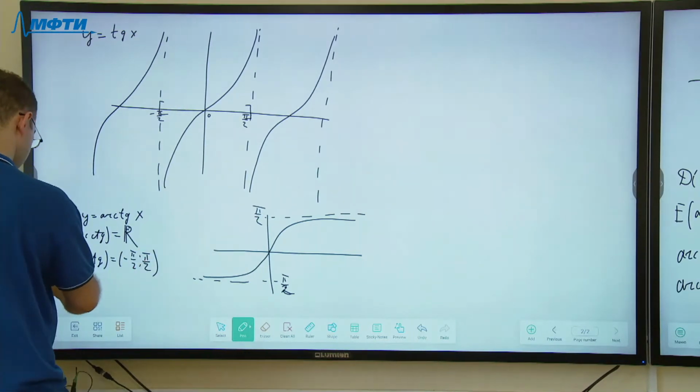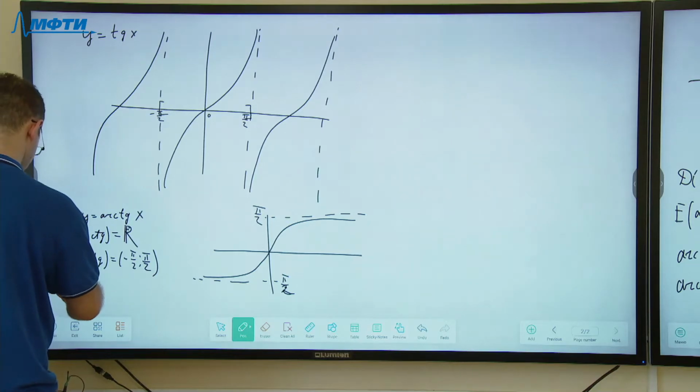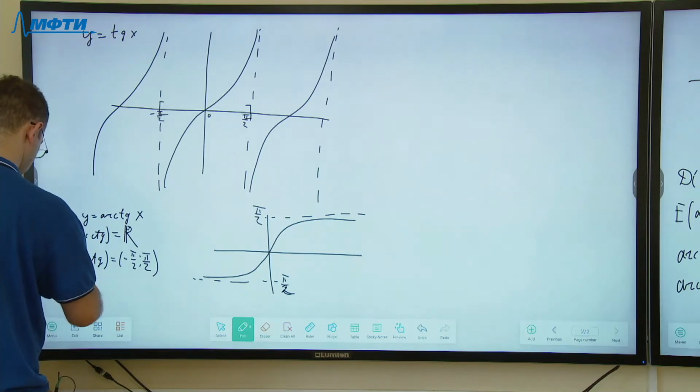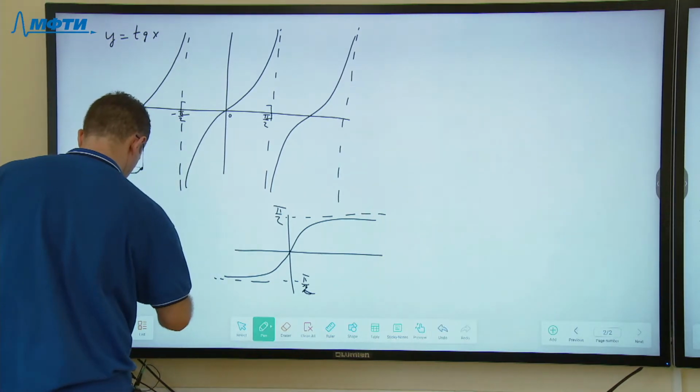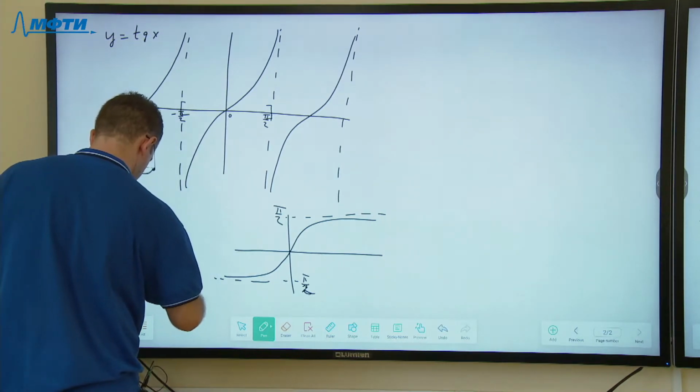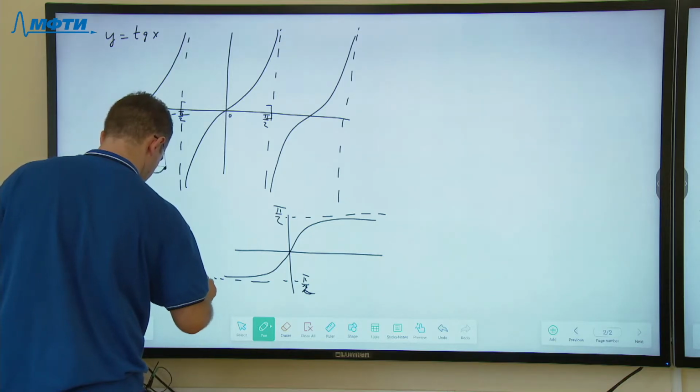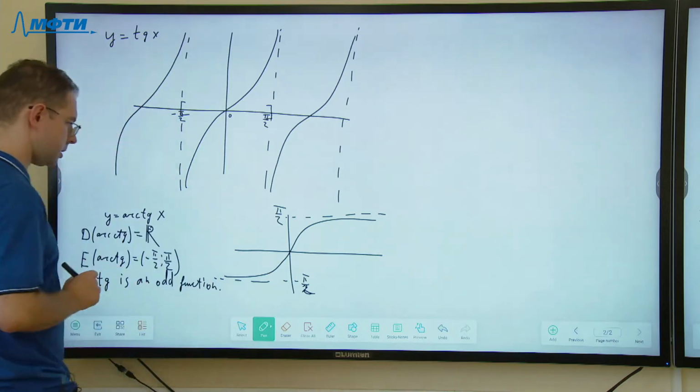This function is odd, and it is increasing.